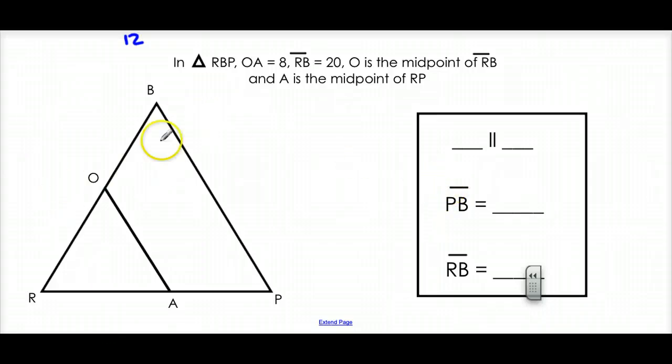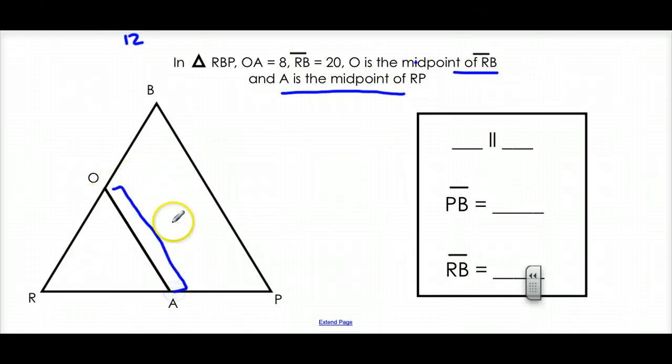In triangle RBP, we know OA is equal to 8, RB is equal to 20, and O is the midpoint of RB. And A is the midpoint of RP. Well, let's fill that information in. OA is equal to 8, so that would be this segment right here.